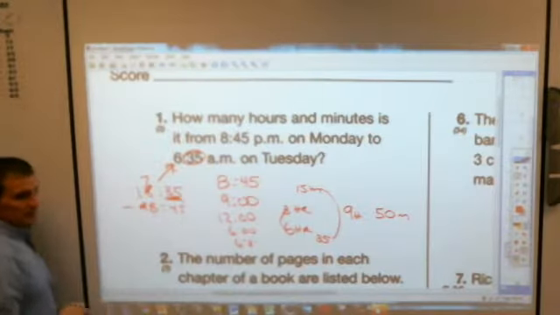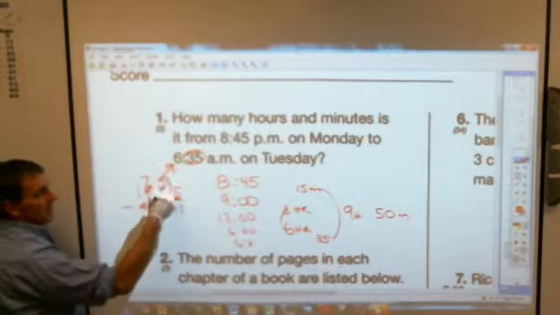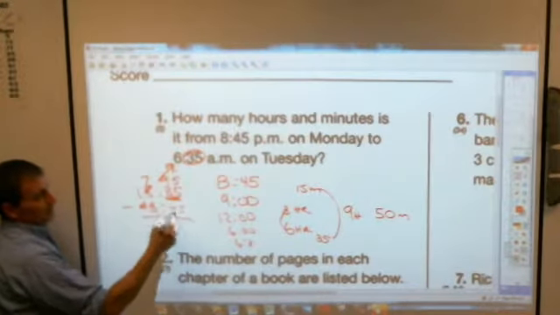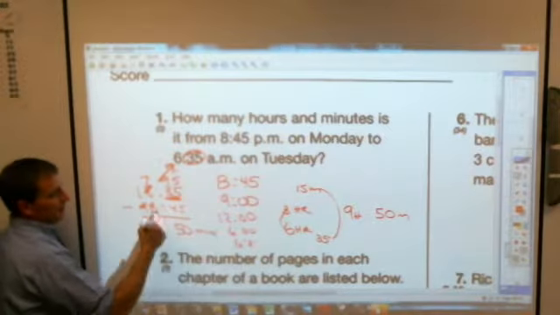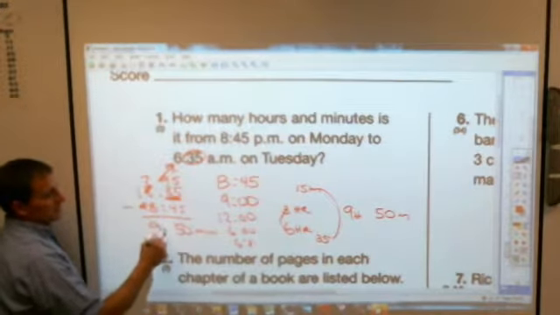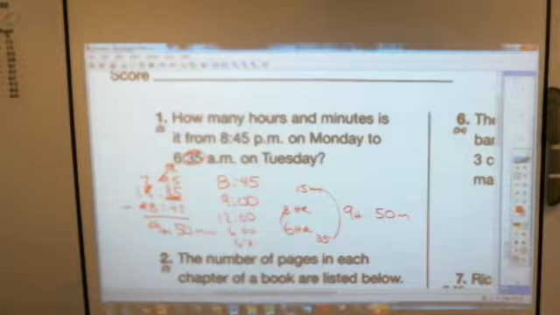And you have to remember that there's not just 10 minutes an hour, there are 60, so this becomes a 95. 45 from 95 is 50. There's your 50 minutes. And 8 from 17 is 9 hours. So time is not generally your friend when it comes to, it's not based on 10, so it's kind of tough. Chase. How would you do number 7?